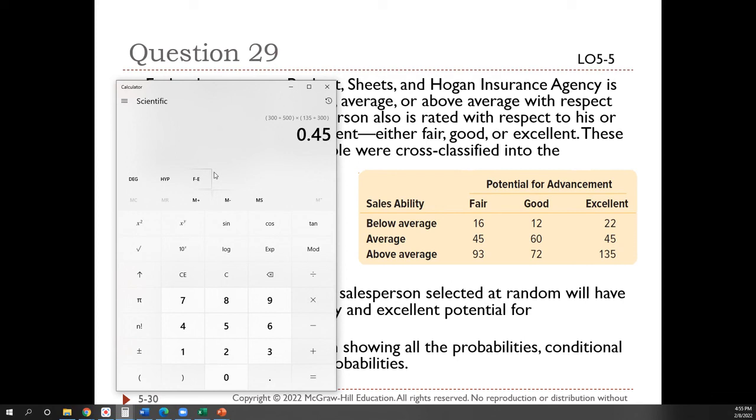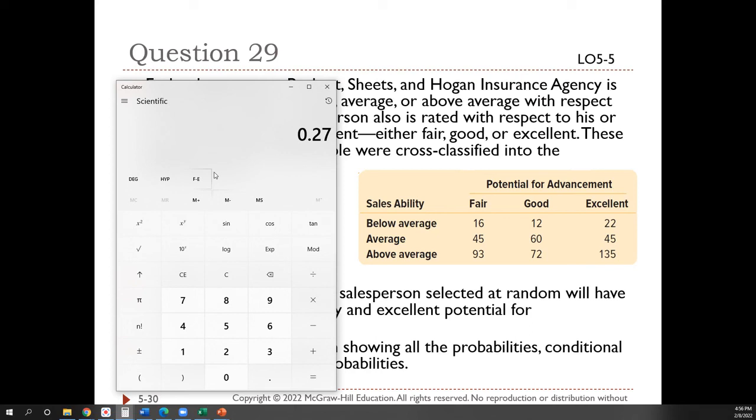If we're going to the total of excellent, the 22 plus the 45 plus 135, then we use 500. So check out which totals you are using. So make sure you hit enter. You always hit enter so that formula disappears. So we're looking at 27%.